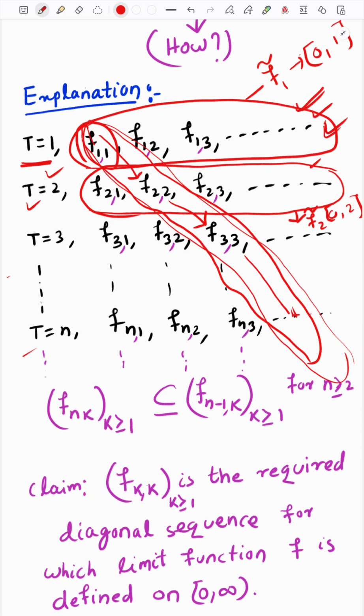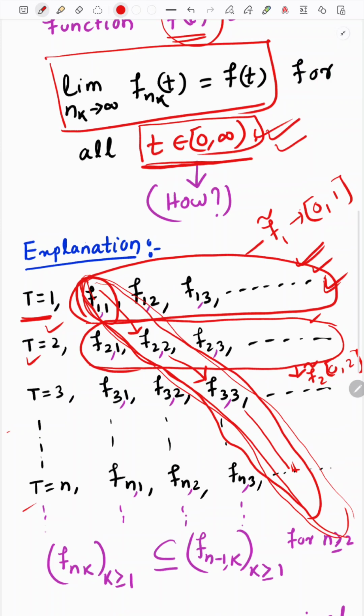I think the axiom of choice is hidden in this explanation. So by using the axiom of choice, we can extract this diagonal sequence for which the limit function is valid on the whole interval 0 to infinity.